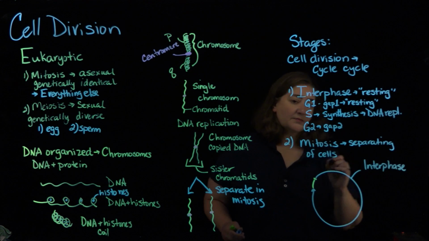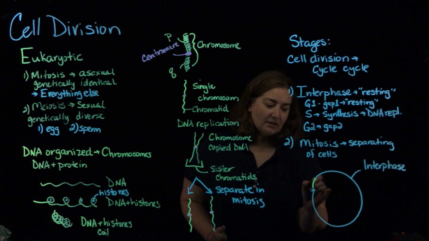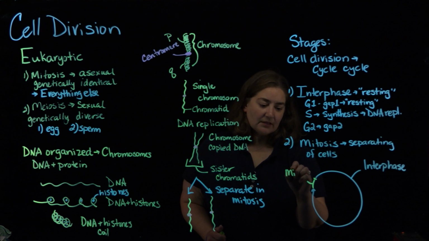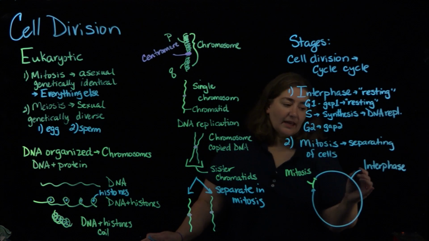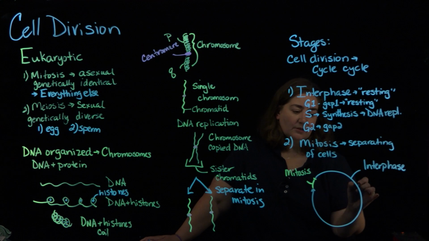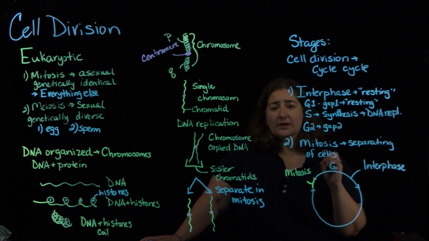So interphase makes up the bulk of the cell cycle. The little bit that I put in green, this is going to be mitosis, all right? So what we're going to have with interphase, okay, we're going to have G1, that first gap phase. That's where things are kind of resting.